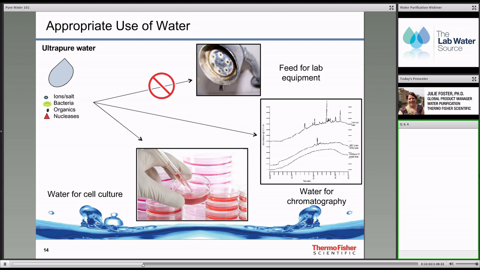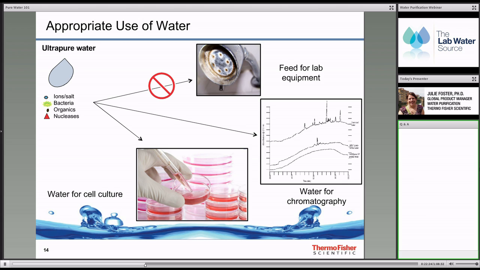And then in the second and third arrows, we have the application HPLC again and also cell culture, where ultra-pure water is really an excellent type of water to use in those particular applications because they don't bring along any impurities.